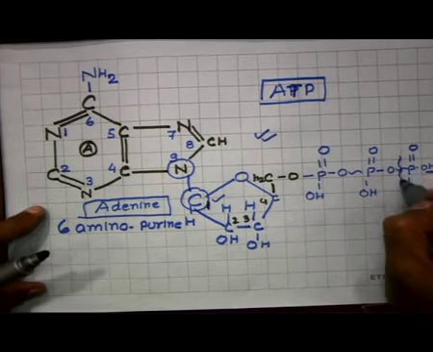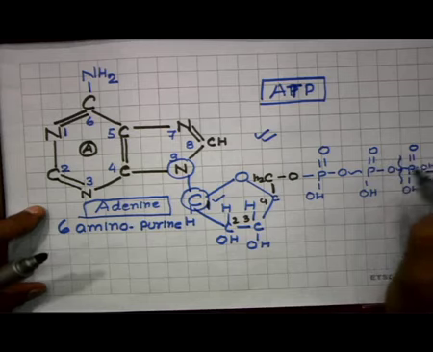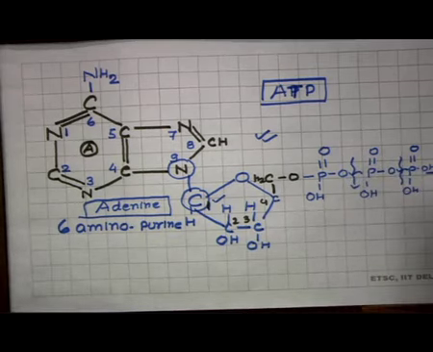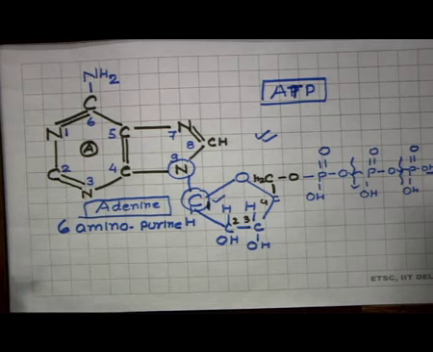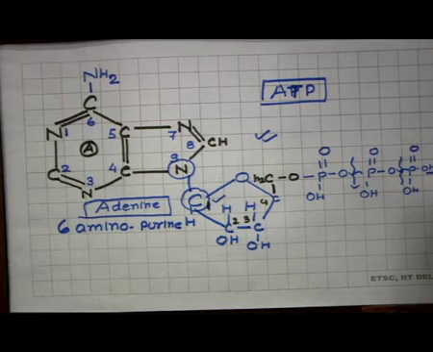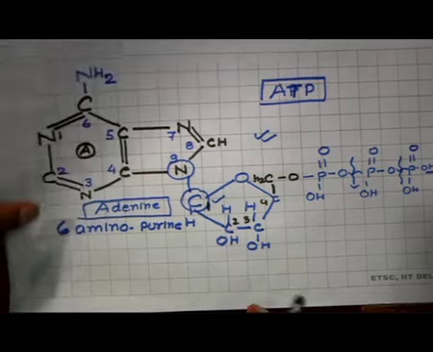This phosphate molecule, as we have discussed, liberates energy when the cell needs it. In the entire process of glycolysis, we will find that 2 ATP are used and 4 ATP are formed.